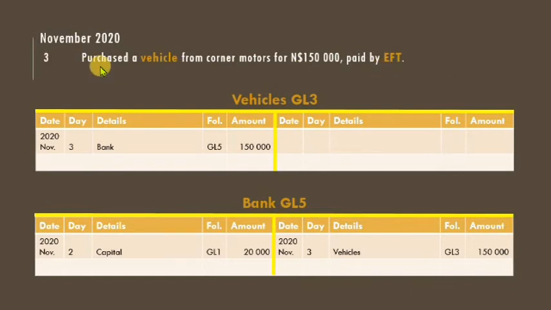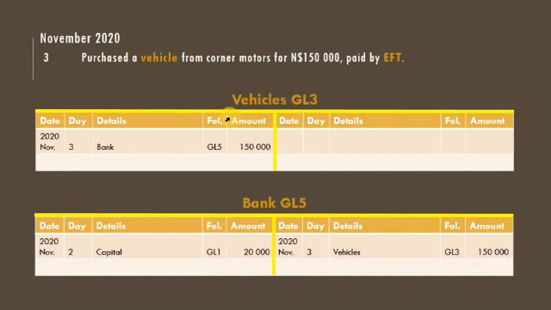Let's look at the next one. Purchased a vehicle from Corner Motors for $150,000 and paid by EFT. So our vehicles increased, therefore it will be debited, and our bank decreased, therefore it will be credited. So let's look, we have again vehicles and bank.